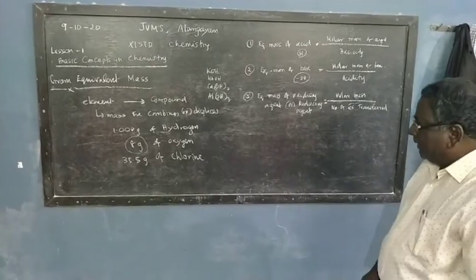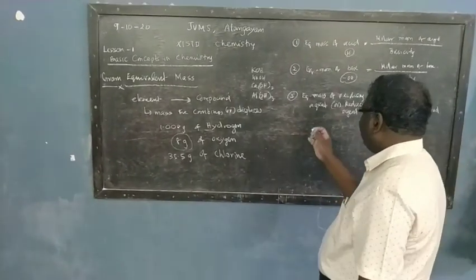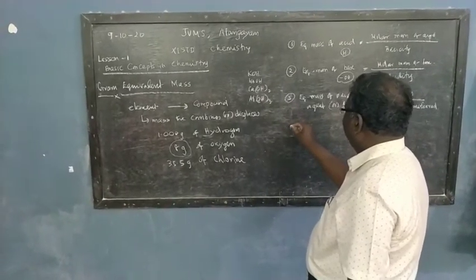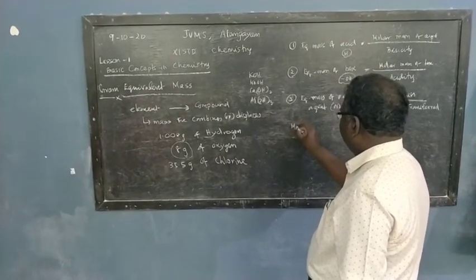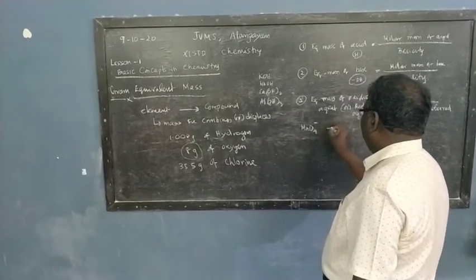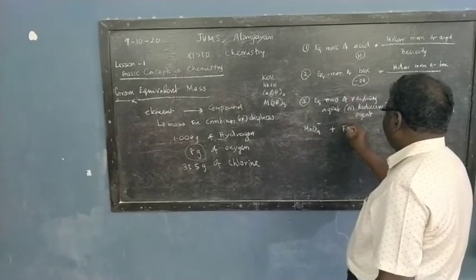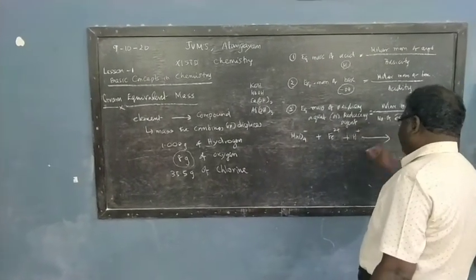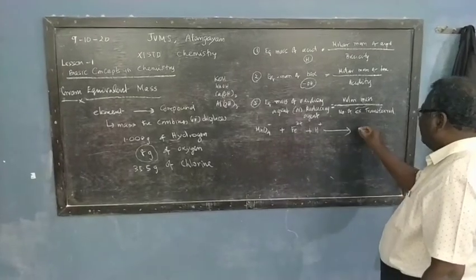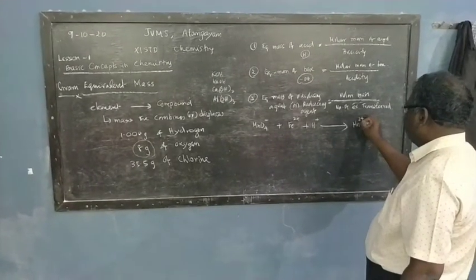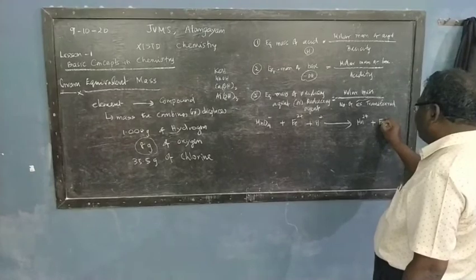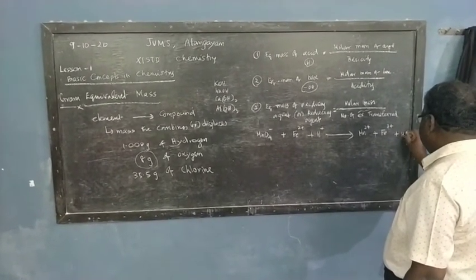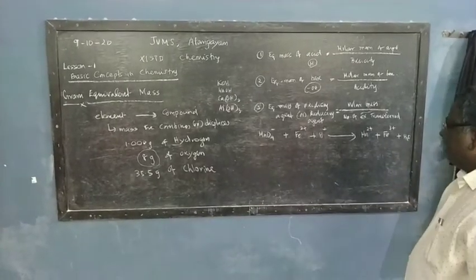right? For example, we have this, right? Potassium permanganate oxidizes ferrous sulfate into ferric sulfate, right? And this becomes Mn2 plus, and this becomes Fe3 plus, and it becomes water, right?